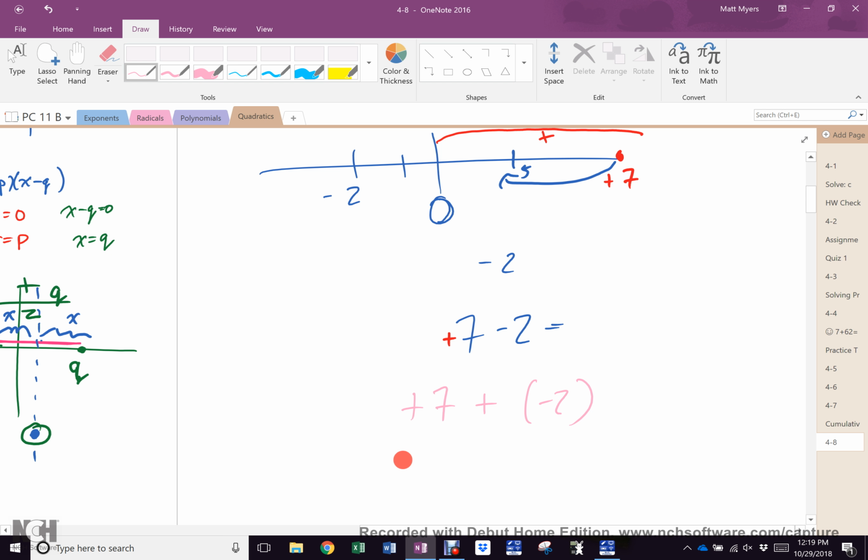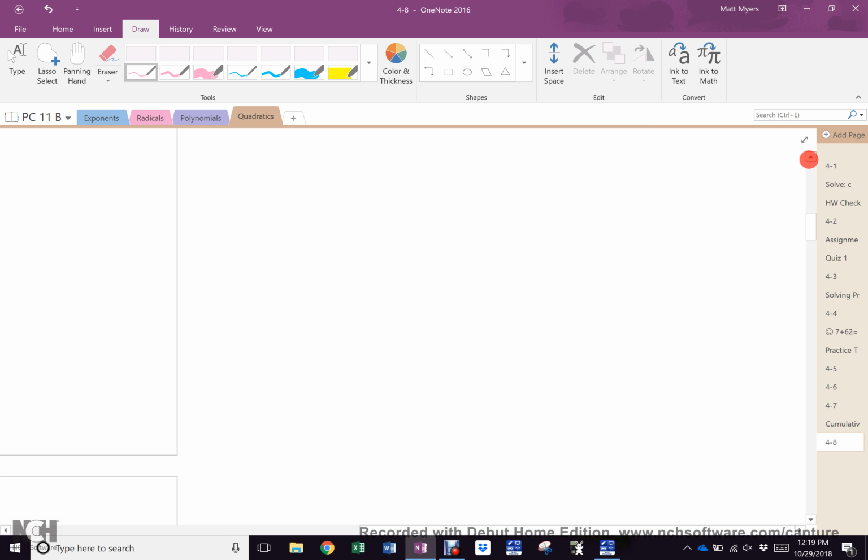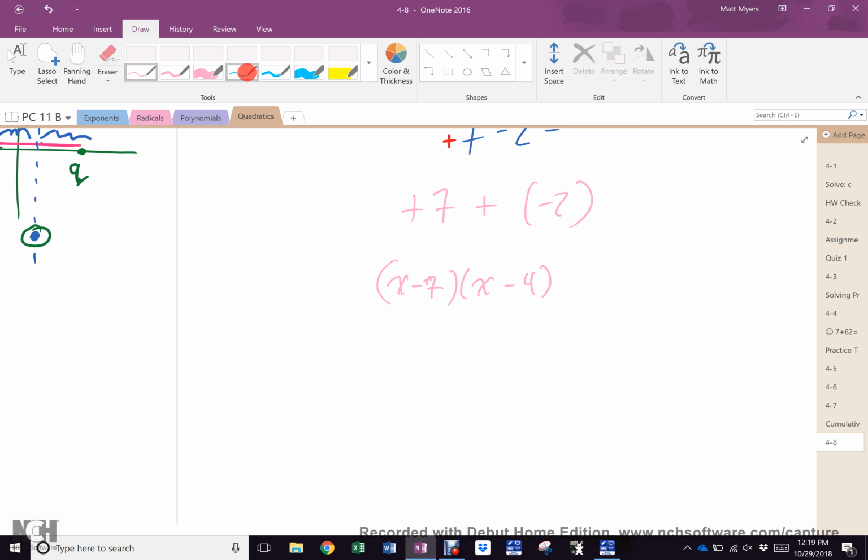So when I show you this, x minus 7 and x minus 4, what is that really? That is really x plus what? Negative 7 and x plus negative 4. Everybody with me? This is a shortcut of this.